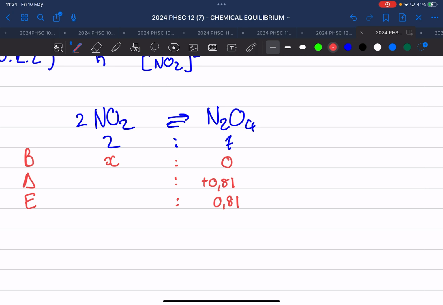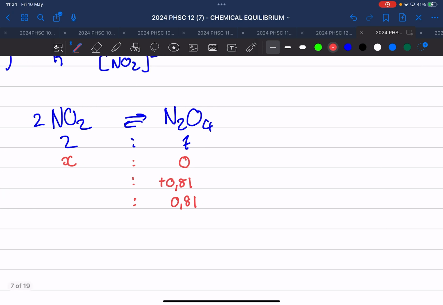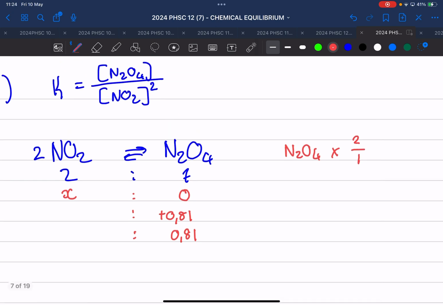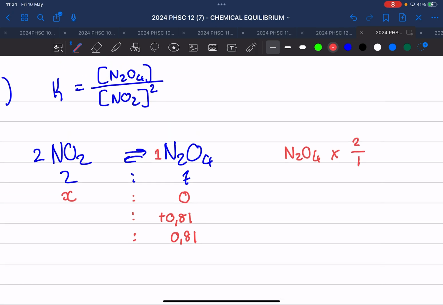So now we need to figure out if this much product formed, how much reactant was used. Yes, so we are going to take N2O4 times our stoichiometric coefficient, which would be 2/1, because there's a 1 in front. So that is going to give us 0.81 times 2, which is 1.62.